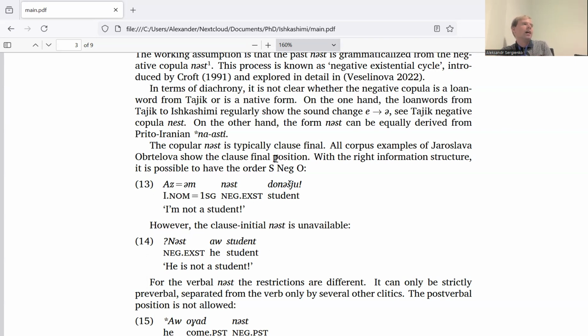So stage B is where you have the negative copula and the verbal negation clearly set apart, and stage C is where they all come together, and we have a transitory stage where in some contexts you can see the nist, but in some contexts you can see the na.